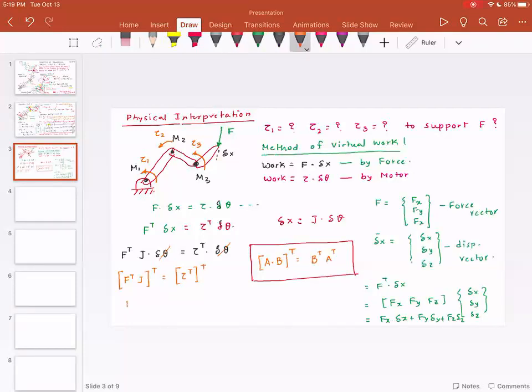So now what I will have is J transpose, F transpose transpose is equal to tau. The transpose of a transpose is the vector itself. So A transpose transpose is A. So which means I have tau over here, and this means J transpose F is equal to tau.